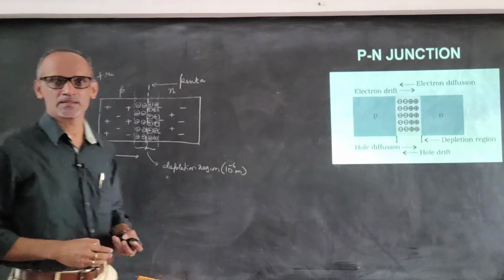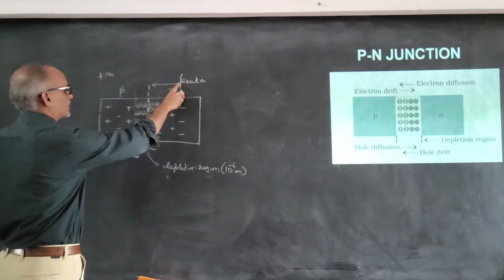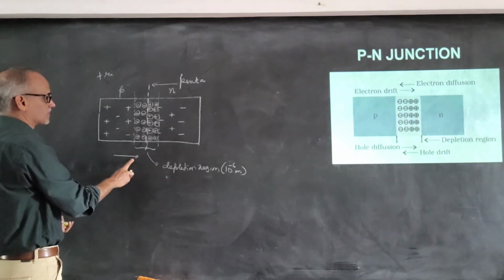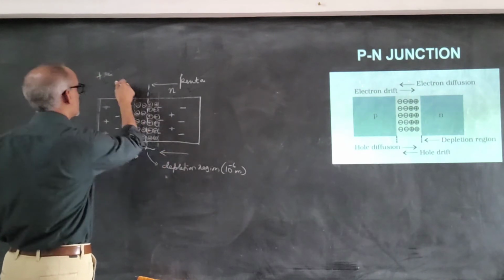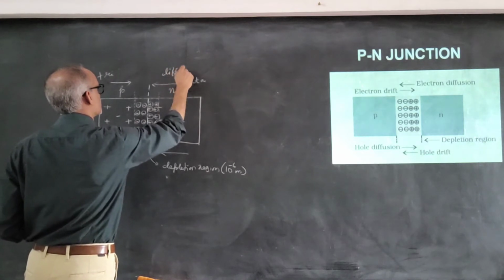And this is called the drift. So therefore, the arrow which I have indicated initially is because of the diffusion. And now the drift takes place in exactly the opposite direction. So this is the diffusion.